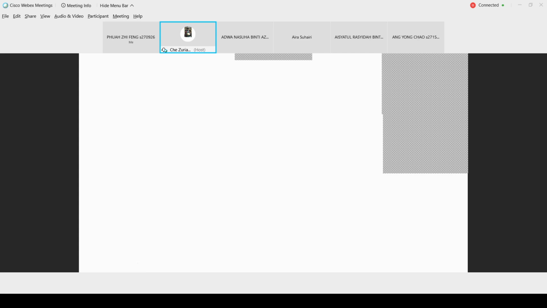A, apa answer dia? Compute the number of unit involved in the special order. Okay, normal production, 16,000 per unit. So you must know operating at 80%.